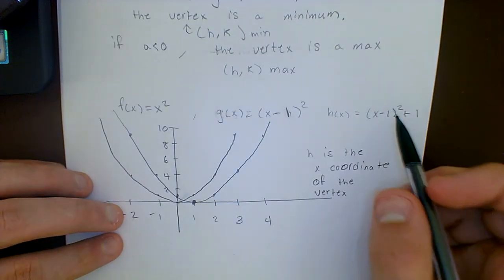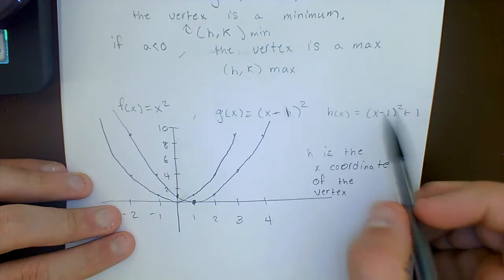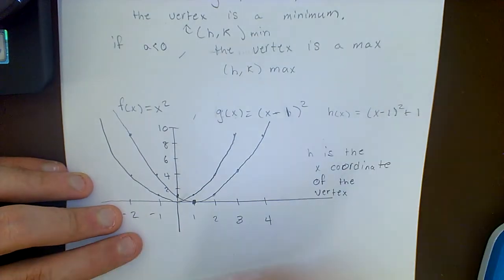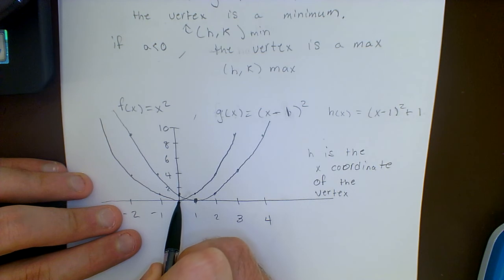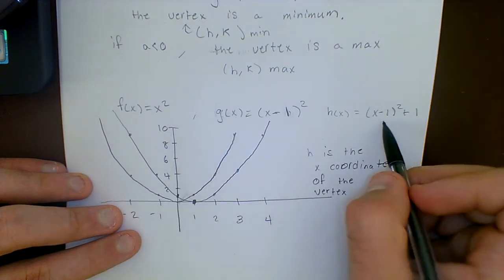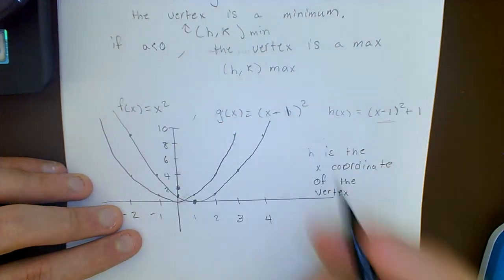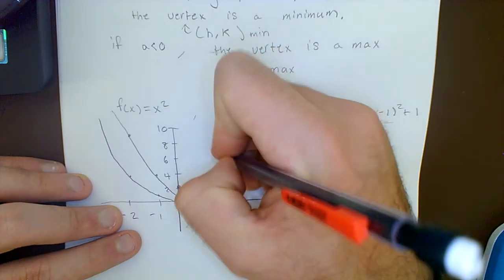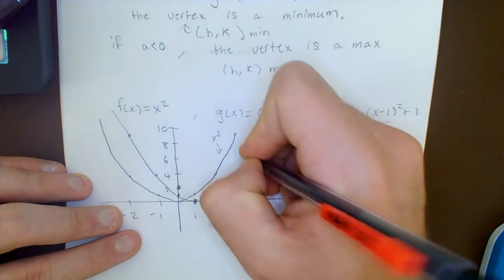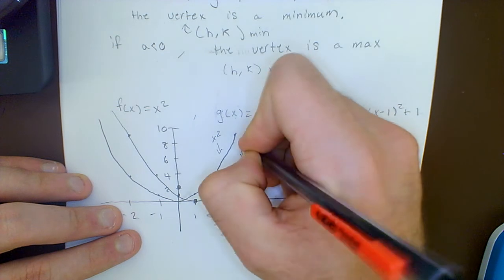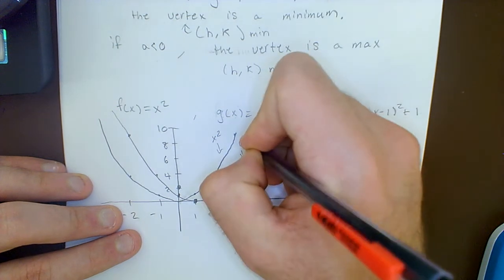Okay, so if I wanted to graph this, let's start at 0: we get 0 minus 1 squared is 1, but then I have to add 1 to it, so it gets moved up to 2. So this one is x squared, this one is x minus 1 squared.